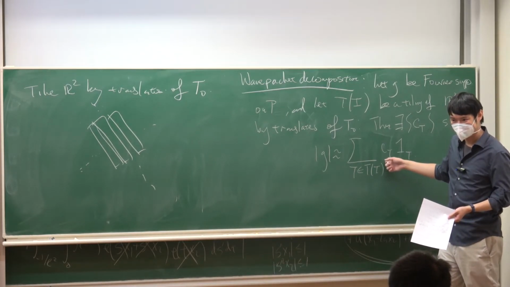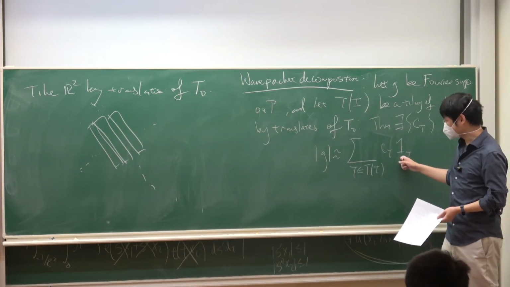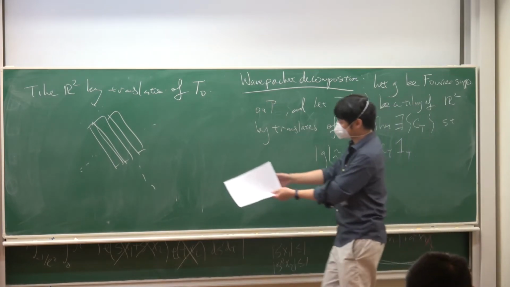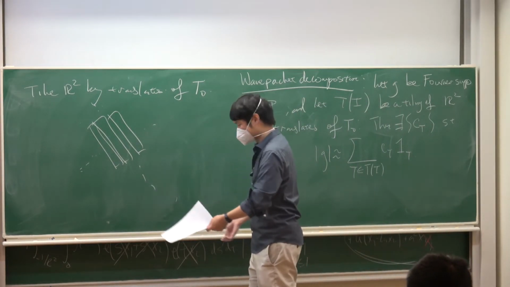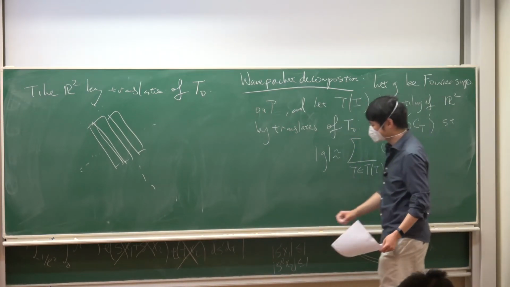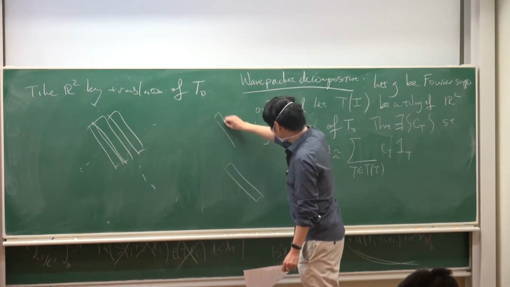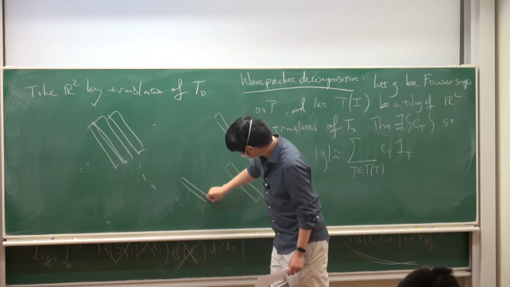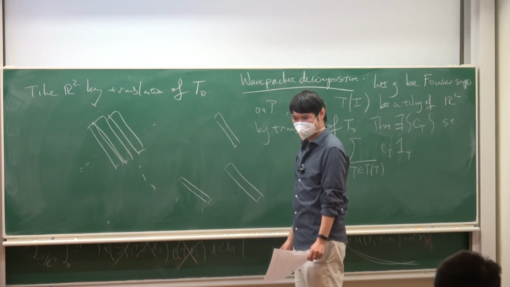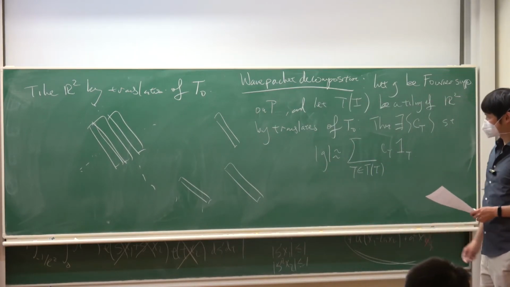But nonetheless, they're constants. More importantly, we just converted it into some tubes. You can also reverse this: you could give a collection of tubes, let's say 5 here and 2 here, and let's say that G looks like this. That's one such valid G. Okay, so that's wave packet decomposition.